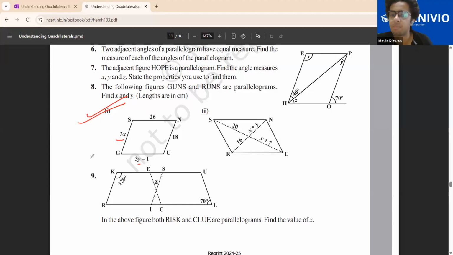Are you doing it, all of you? This is a parallelogram, so I'll give you a hint. Opposite sides are equal.